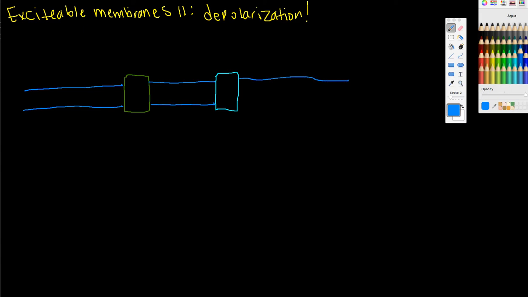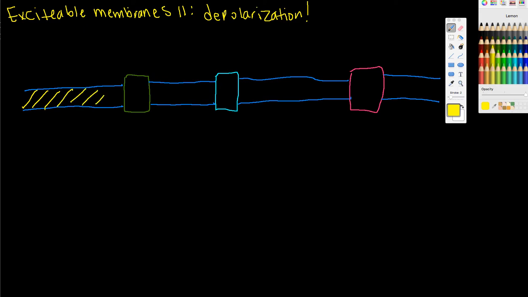And I'm also going to put a sodium-potassium ATPase in here just because we know that this membrane is polarized, so it makes sense to include the thing that did the polarizing. And then I'm going to draw my little yellow hash marks to indicate that this center zone is no man's land. So if something is charged or polar, it cannot get through, and that includes ions, which is the primary thing that we are going to be discussing today. Ions moving across membranes.